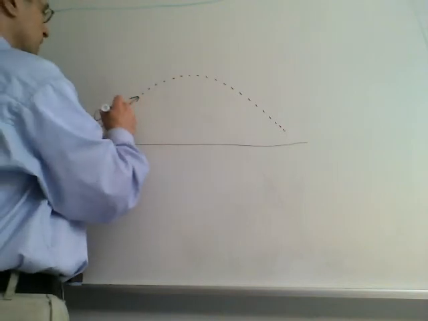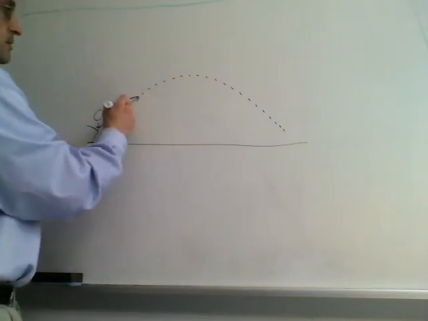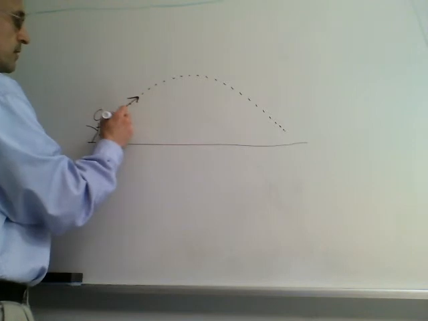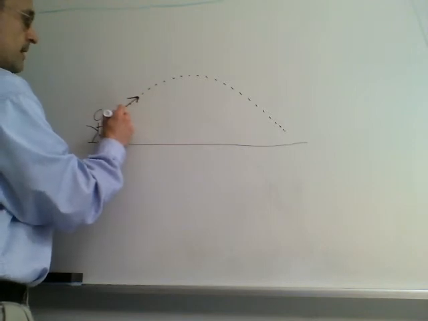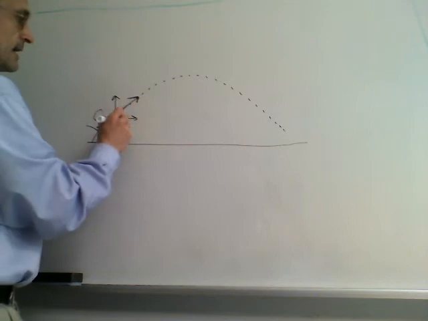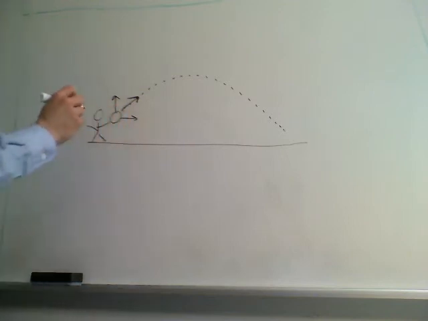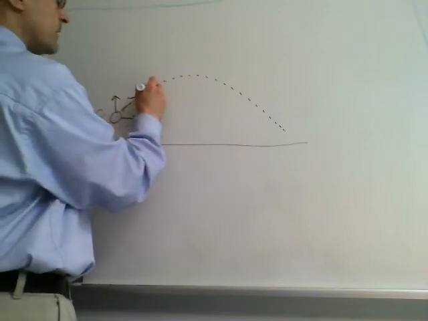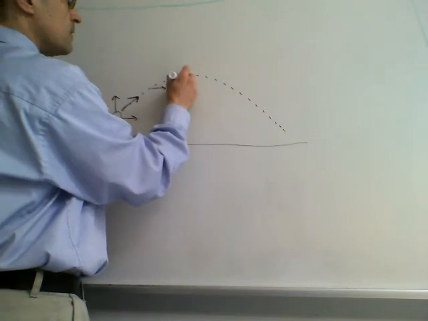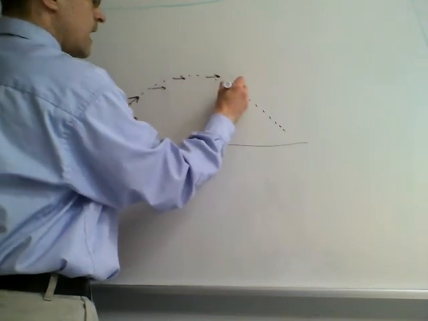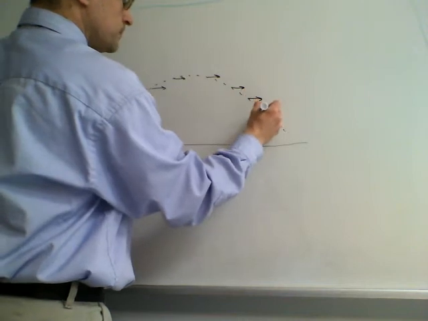And it's a parabola because we said that this initial velocity that we throw it with, when we angle it up, has X and Y components. And so as the ball is traveling in the air, the X component is constant in time.